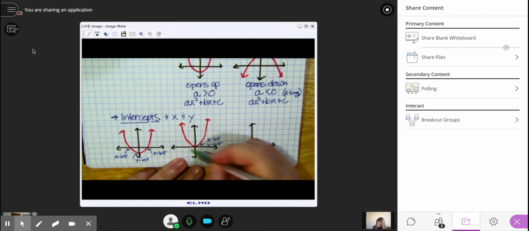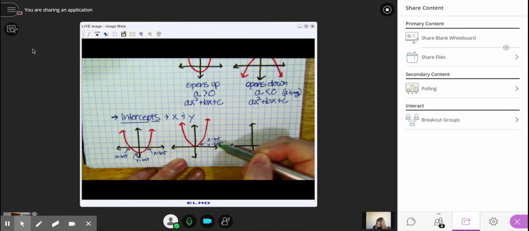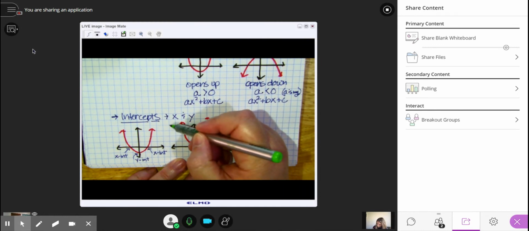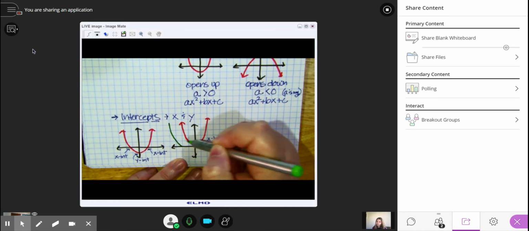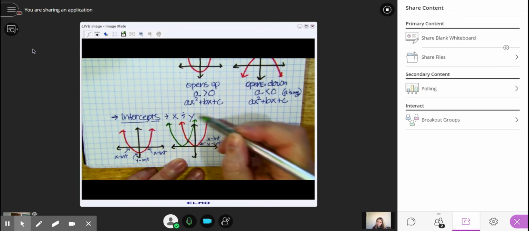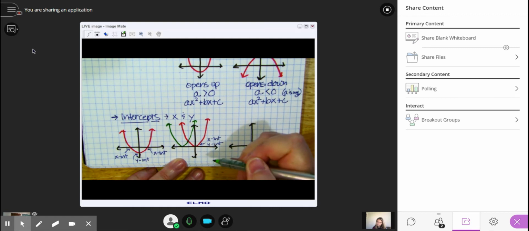Now, this will also occur if the parabola is moved to the left or to the right. So here's another parabola that has one x-intercept and one y-intercept.